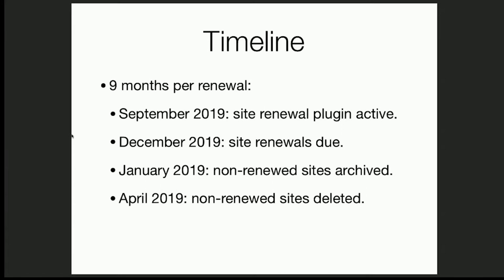But we knew the likelihood of someone forgetting about it in December, with finals and leaving the country, so we pushed a little bit to January, giving leeway for last minute changes. In January, all the sites that weren't renewed were archived. And then in April 2019, we deleted those archived websites.